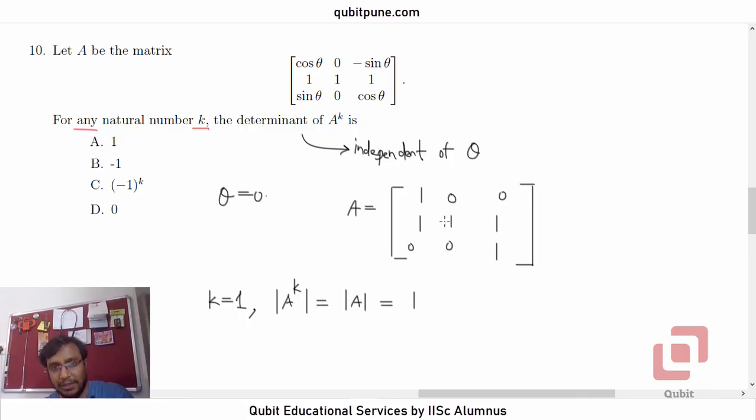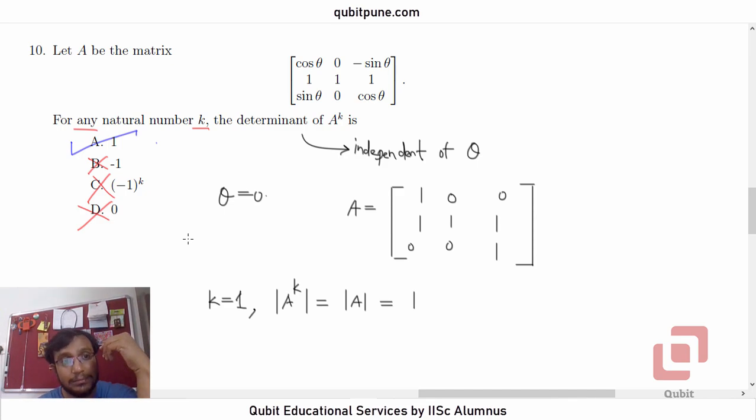It's 1. 1 into 1 minus 0, so that's 1, and the other two elements are 0. So when k is 1, it's 1. So definitely D is not right. Negative 1 raised to 1 is negative 1, so C is not right. This is 1, so negative 1 is clearly not there, so option A is the right option. So this is the shortcut way to solve the problem.